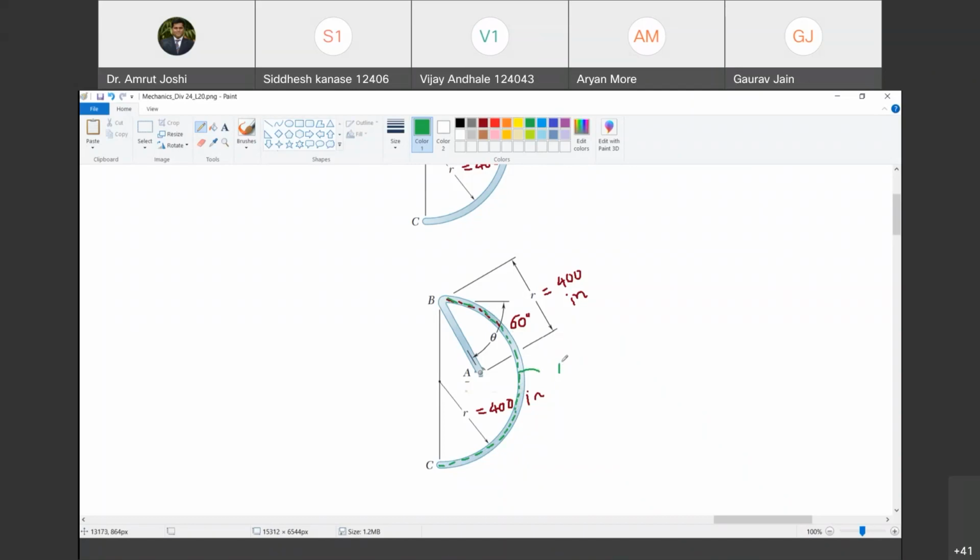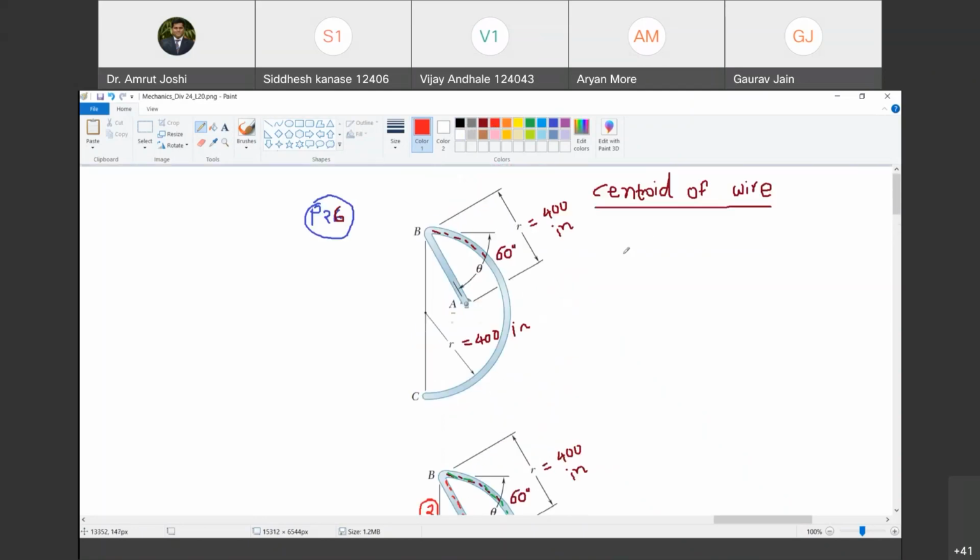This I am going to call 1. And the next segment is the linear one. That linear segment I am going to call 2. Happy? Yes, sir. Correct. So 1 and 2, these are the two segments.